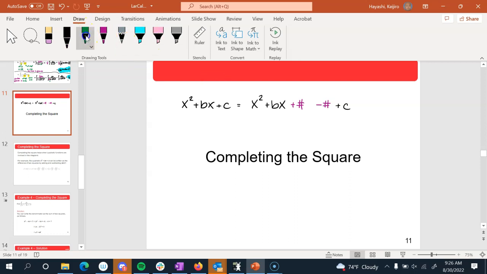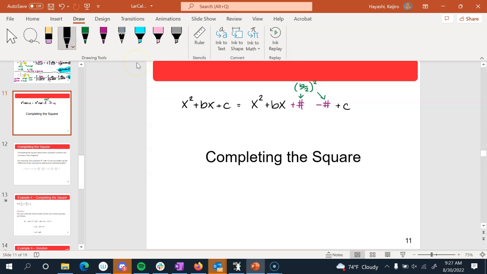Now, what this number actually is, is always b over 2 squared. That's the number that you're going to add and subtract in order to complete the square.